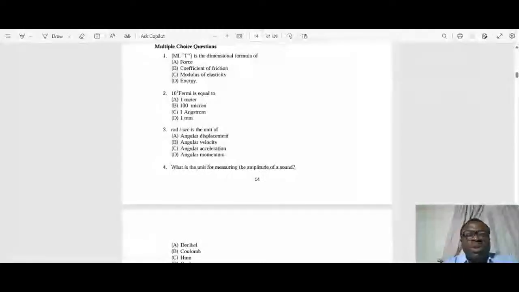Young's modulus, the formula is tensile stress over tensile strain. Stress is force over area, and strain is extension over length.